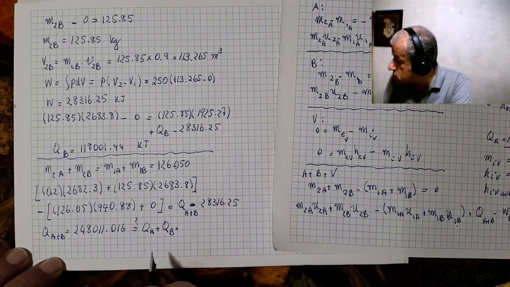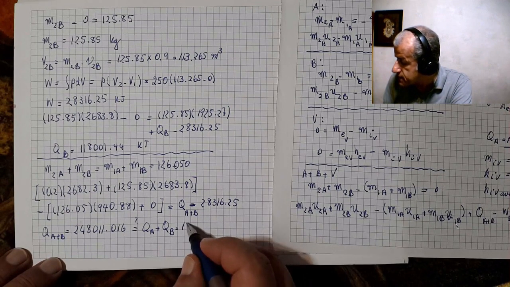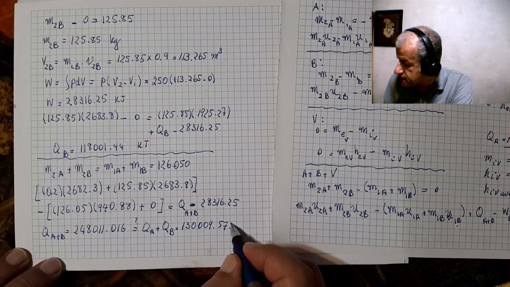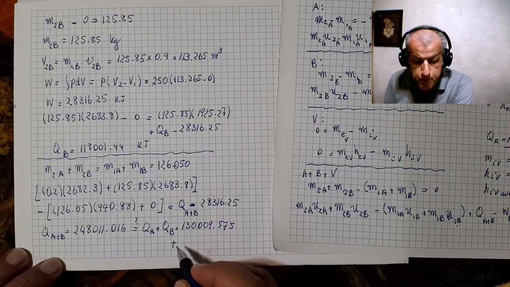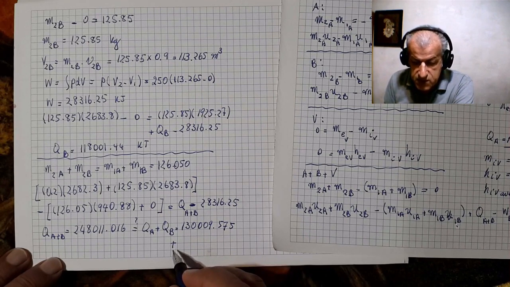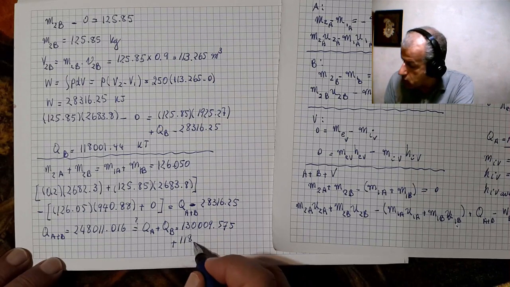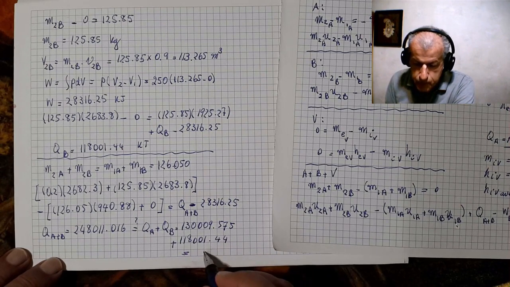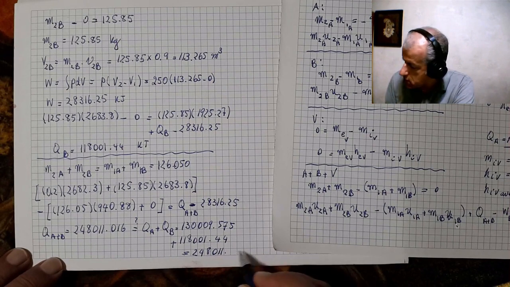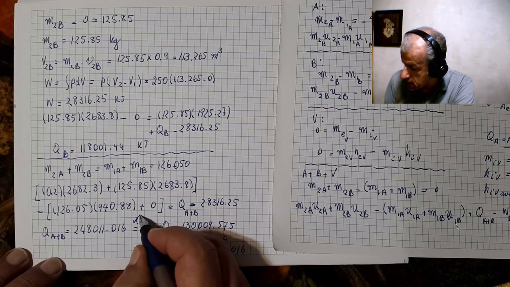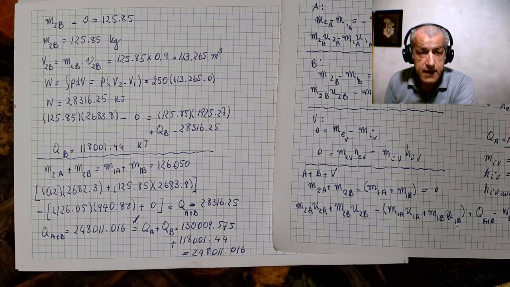which our QA was 130,009.575 plus QB, which we have just calculated, 118,01.44, and the outcome is 248,011.016, and that says that this question is in fact valid, and that checks out.